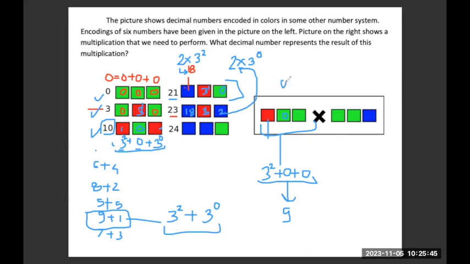So 9 is the first part here, multiplied by the next part, when blue is in the last position, I've established that it has to equal 2. So 0, and this 0 will come, this blue tile's 2 will come. So this will be 2. Henceforth, the answer is 18.